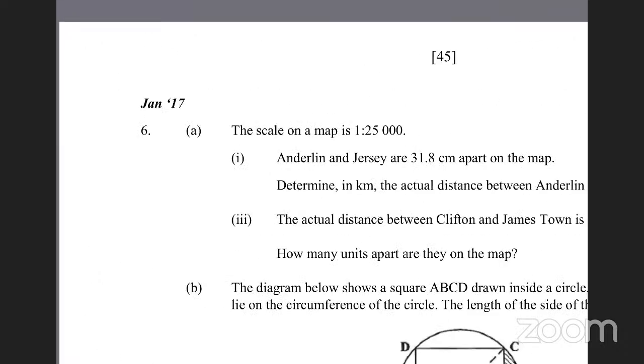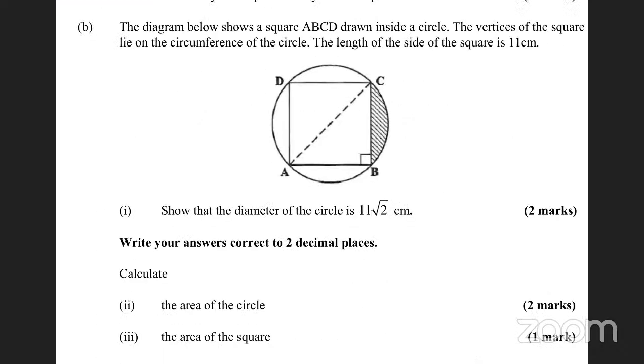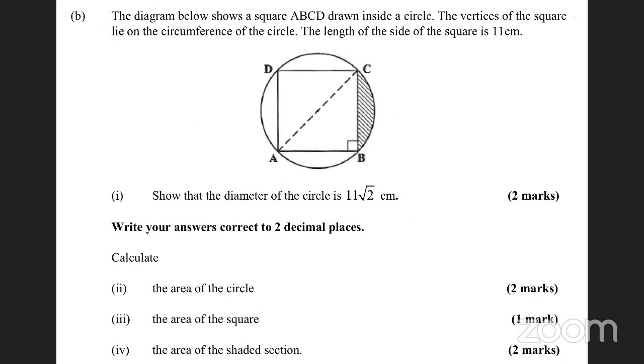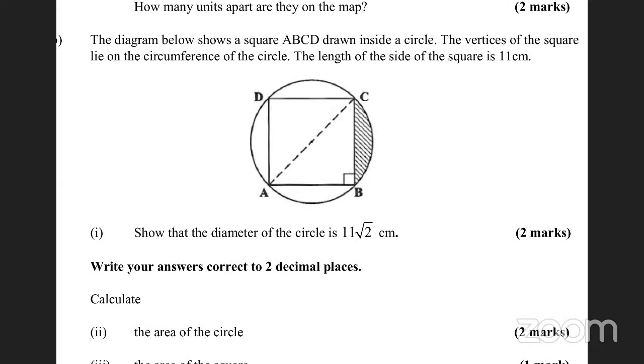This is January 2017, number 6, part B. They gave you a diagram, and it shows a square drawn inside a circle. The vertices of the square lie on the circumference.